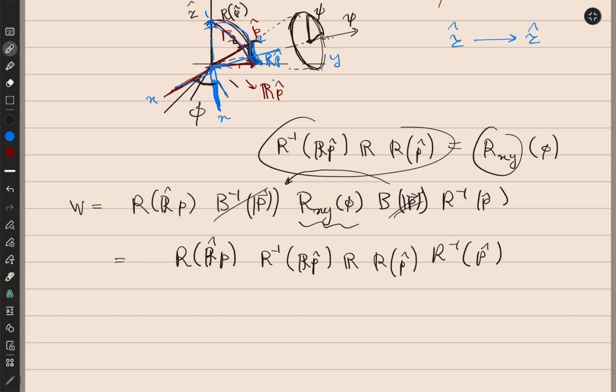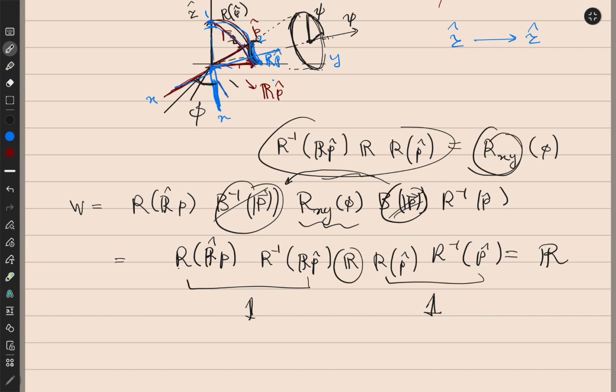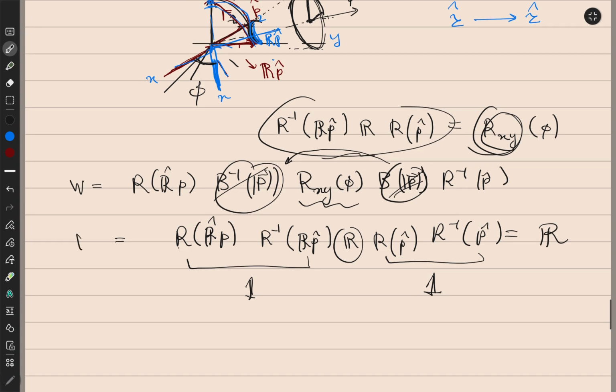First, boosts were not allowing us to remove these, because note that these are now just identity, R of P, R inverse of R of P, and similarly here we have an identity, and just this middle R remains. First, the boosts were not allowing us to do that, so we removed the boosts through this, and then again used the combination back in this equation to show that W is exactly R.